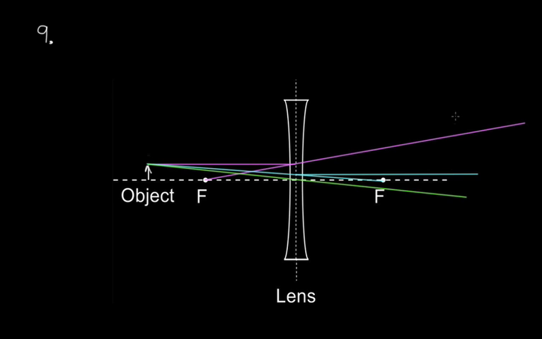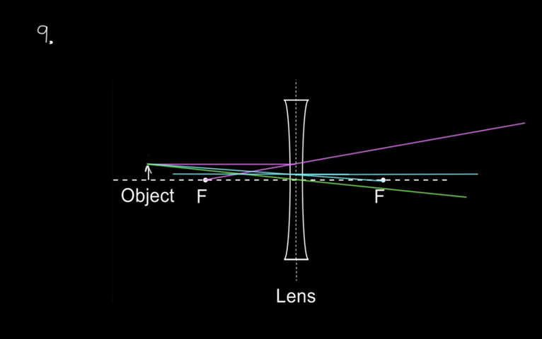So you can see, as this is a diverging concave lens, it is diverging on this side. They're all moving apart. So in order to work out where the image is, we're going to have to trace these rays back, and hopefully they will all cross at the same point. And so we have traced back the first and the third, the pink and the green ones. We just now need to trace back this one, which goes parallel to the principal axis. And if we've drawn it accurately, it crosses at the same point, which it does here.